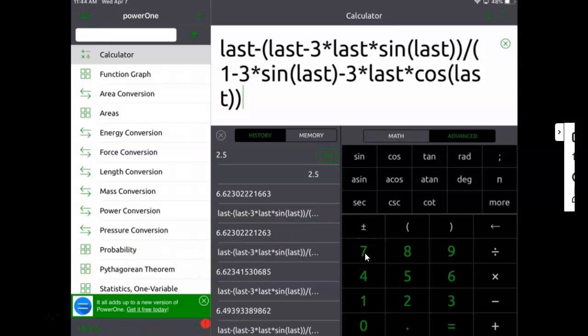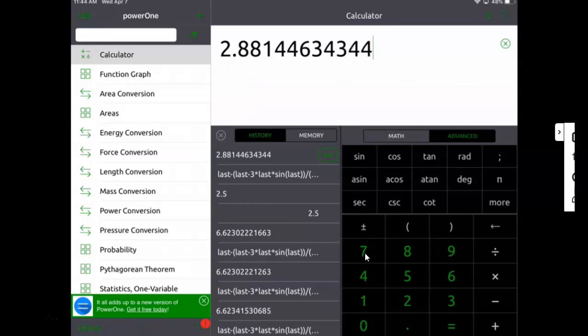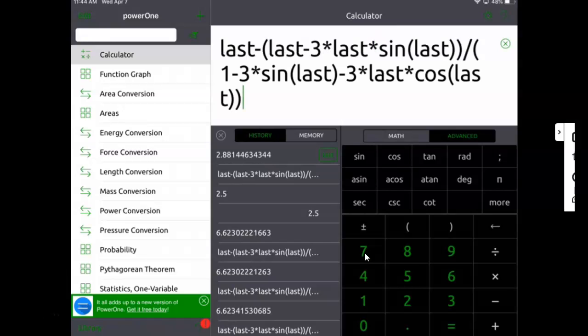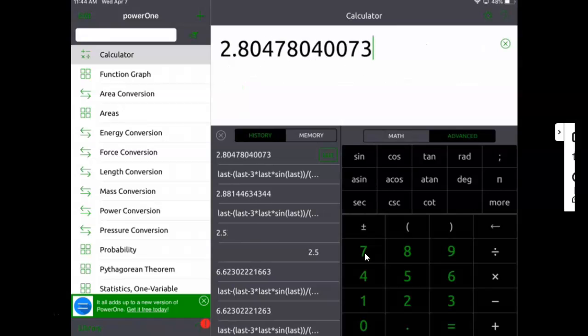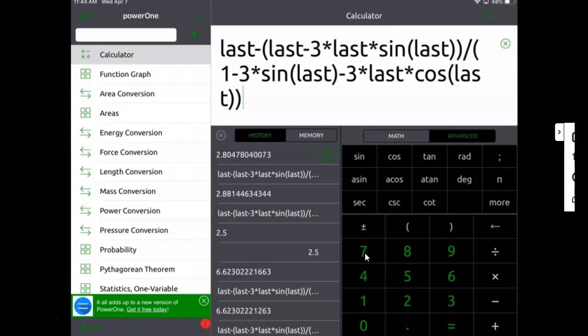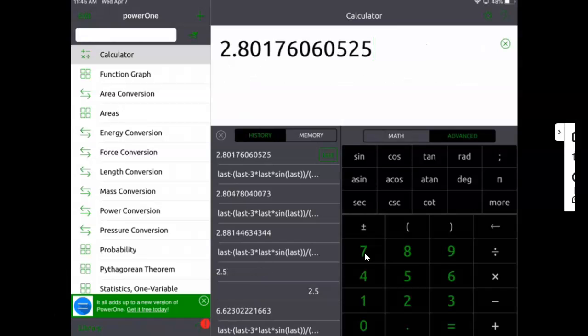And let's see if this gets us a little bit closer to that zero that's in between pi over 2 and pi. First guess, that seems kind of good, 2.88. Let's see when we compute the next one, 2.80. That's looking pretty good. Let's see if it levels off. So 2.801. See, the digits are getting closer. It was 804.